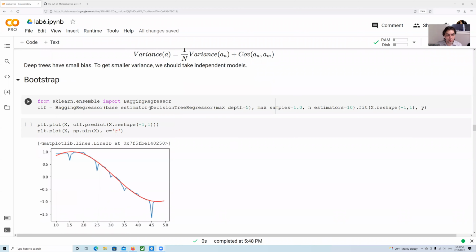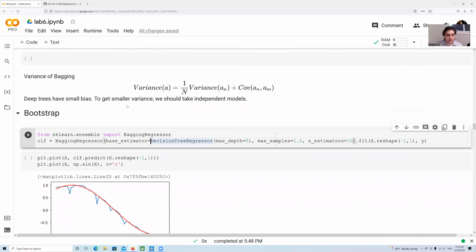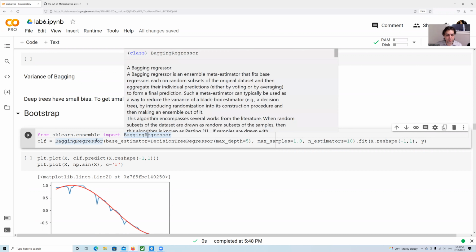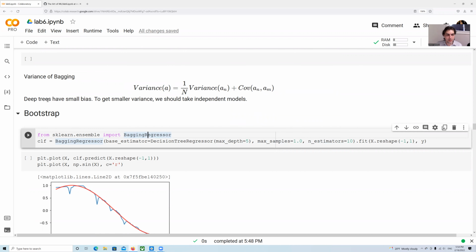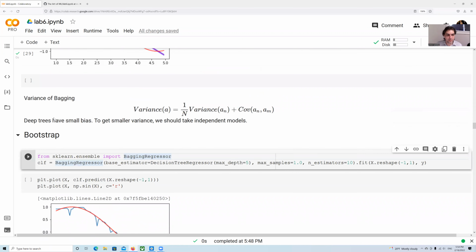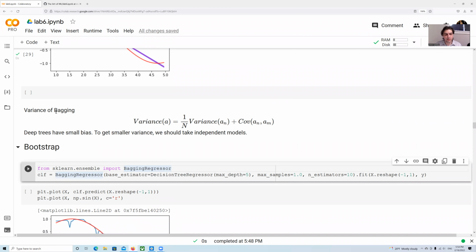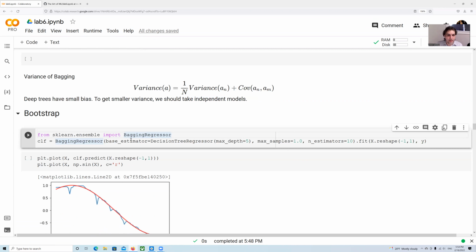Let's try to aggregate 10 models, 10 decision trees, with Bootstrap. By default, if we use Bagging, which is Bootstrap aggregation, then by default it's using the Bootstrap.